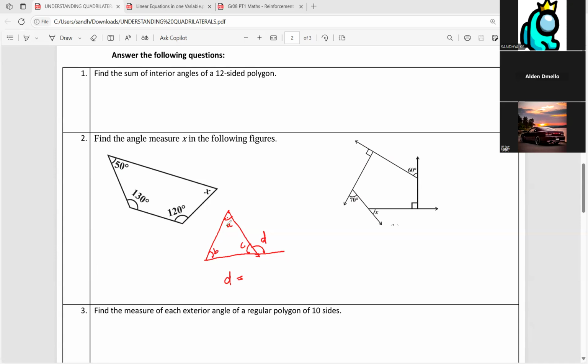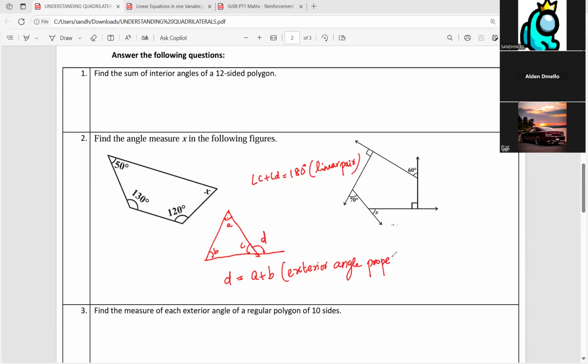This is interior opposite because this C is near to D. So that is a linear pair. C plus D is equal to what? 180 degrees. That is called linear pair. Linear means line. Whereas D is equal to A plus B.